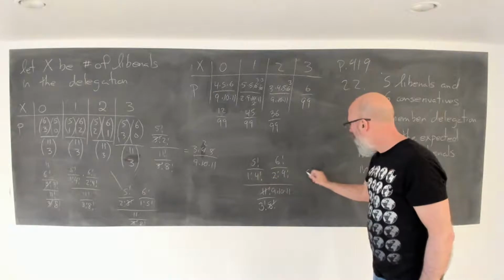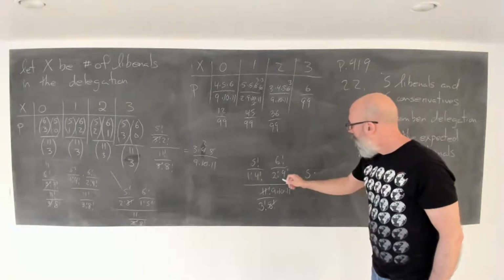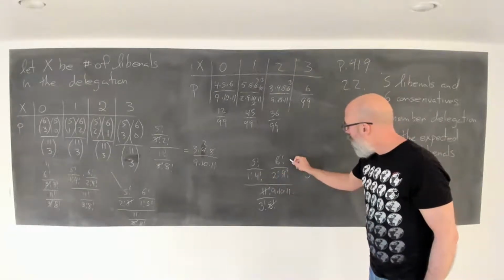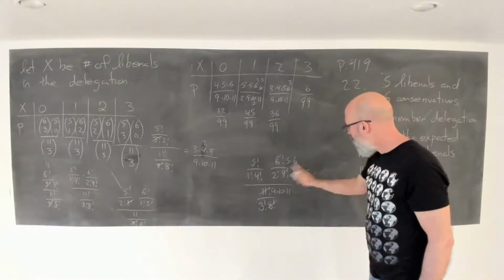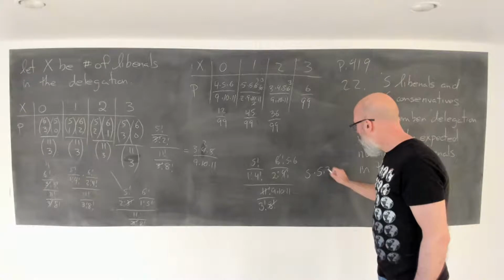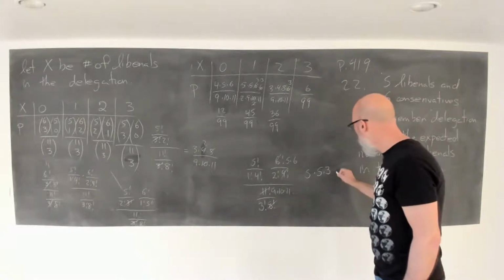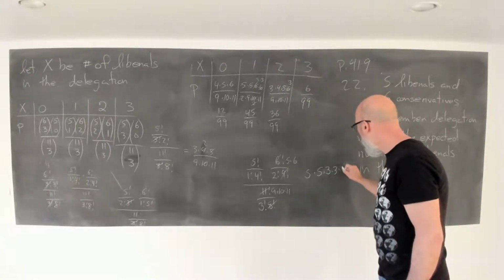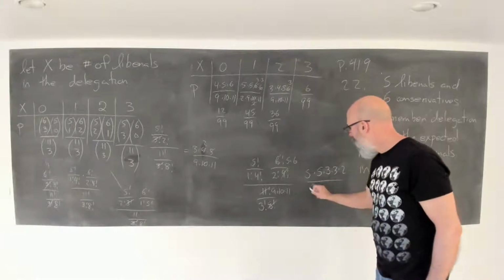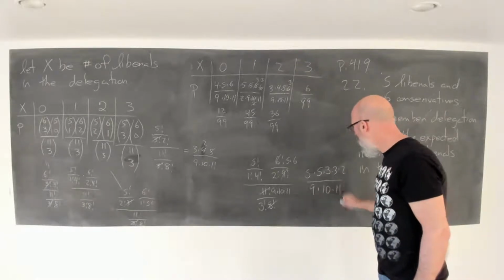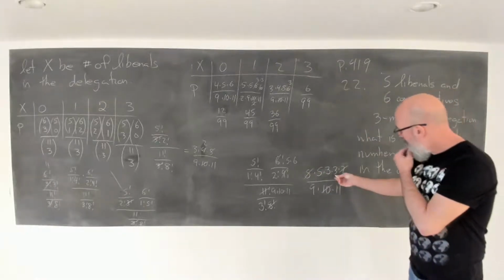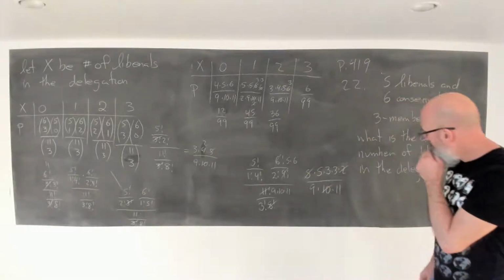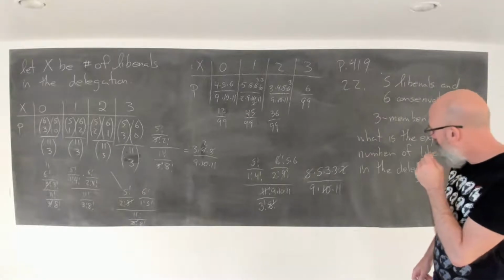This is just 5. This and that cancels, leaving me with 5 times 6 over 2. So that's 5 times 3, and then I have a 3 times 2, over 9 times 10 times 11. 5 and 2 cancels with this 10. 6 times 5, still 30.